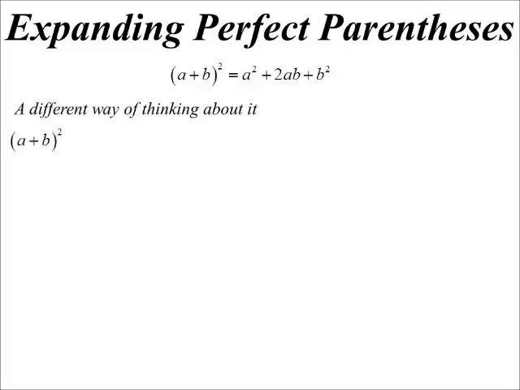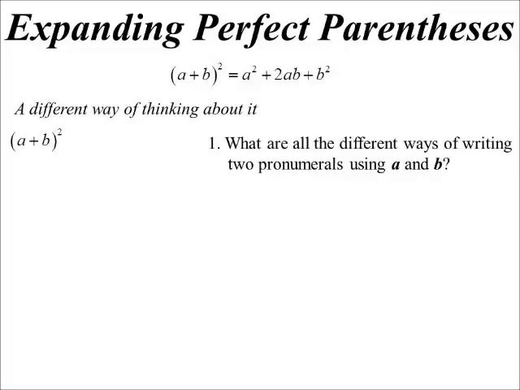Here, a plus b squared. What I'm going to have, every time you multiply, you choose one letter out of one parenthesis and one letter out of another parenthesis. So the question is, what are the different things you could have? I could choose an A and an A. I could choose a B and a B. And the other possibility is... So, what are all the different ways we could write the A and the B down?